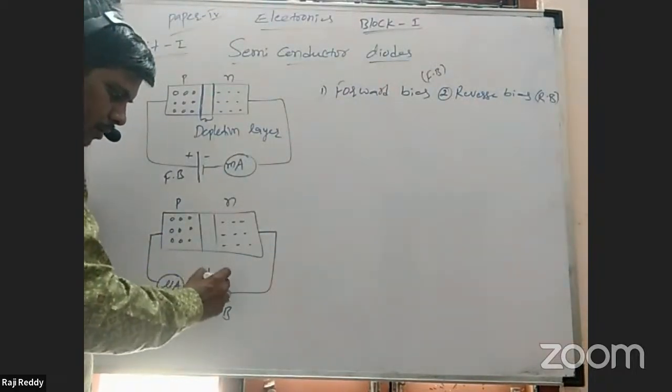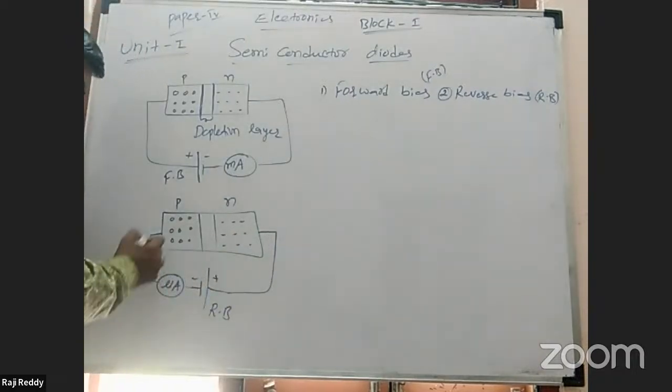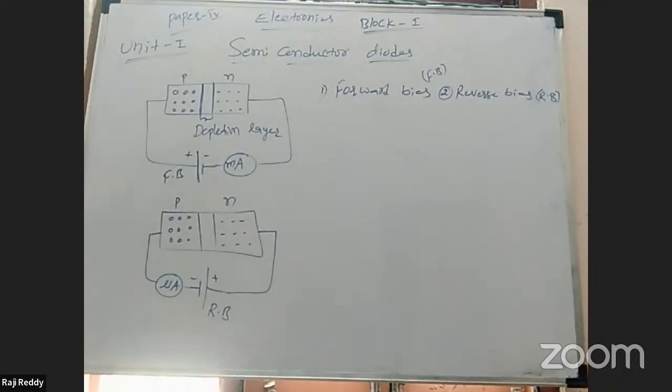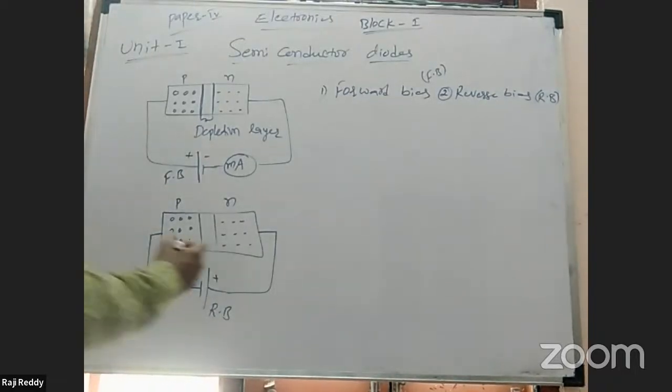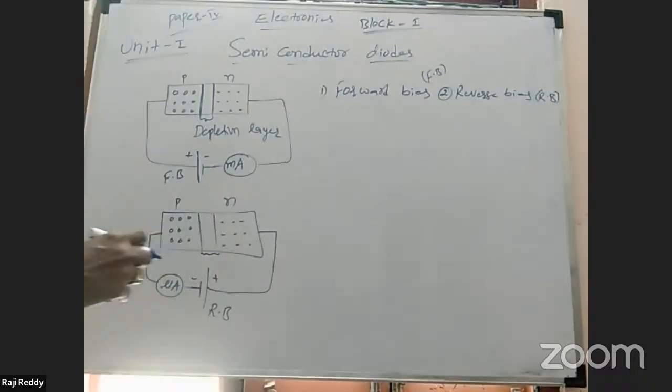When the battery positive terminal is connected to the N region and the negative terminal to the P region, that is reverse bias. Again, this layer is called the depletion layer. This PN junction diode can work in two biases, forward and reverse.